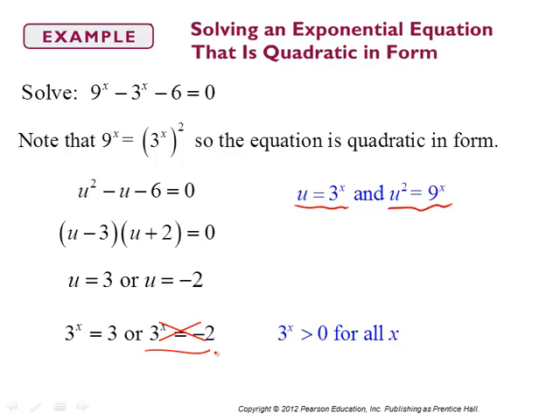Doesn't make x anything, because there's no value of x which will make that equation a true statement. Because you can't have a positive number raised to any power and the result being a negative number. So we can cross this possible answer out. So we only have one solution, and that's x equals 1.